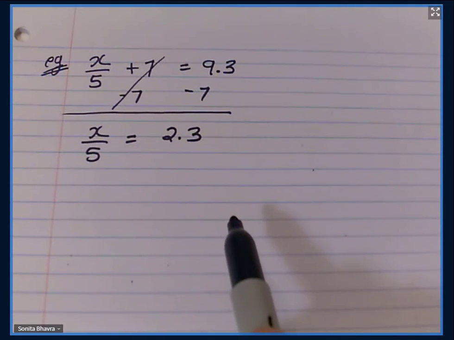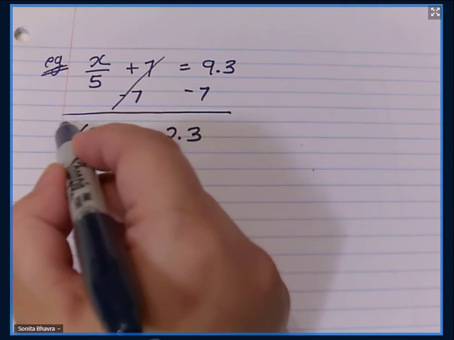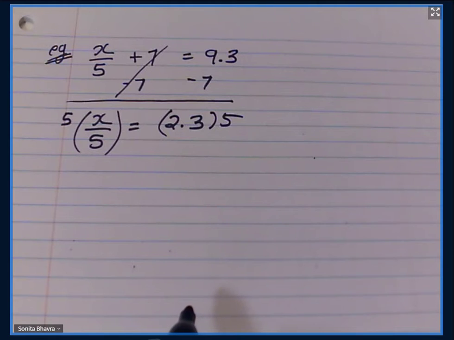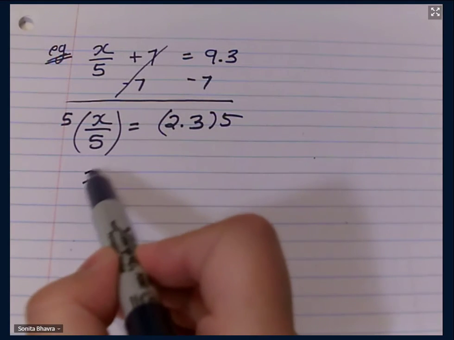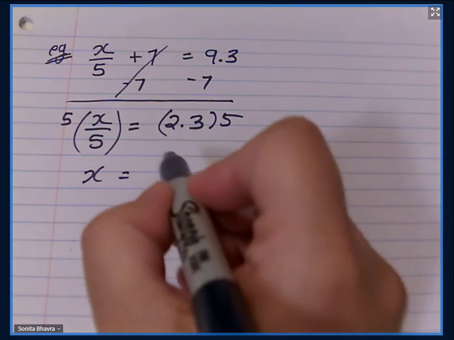And last step, opposite of dividing is multiplying. So we'll multiply by 5, both sides. That leaves me with 5x divided by 5, which is just 1x. And then 2.3 times 5, I'm just going to use my calculator, which is 11.5.